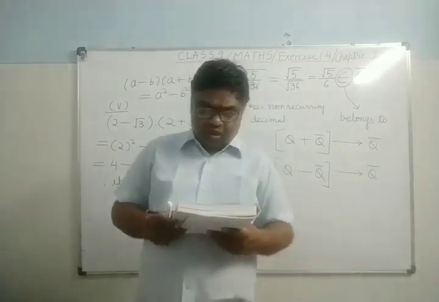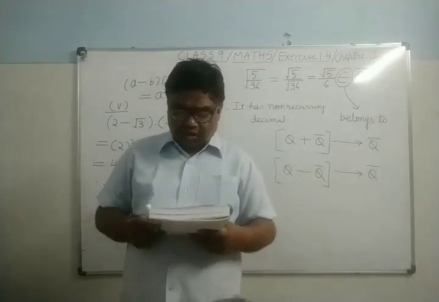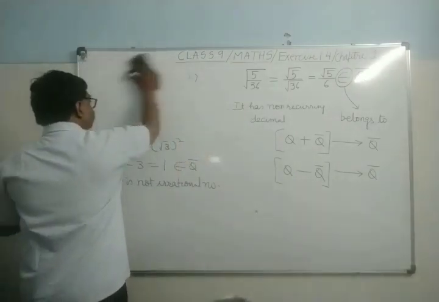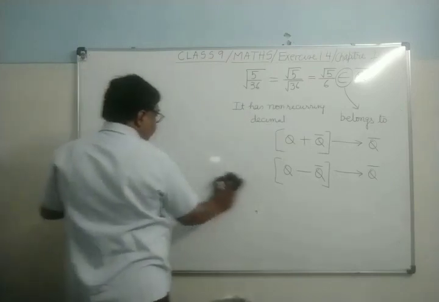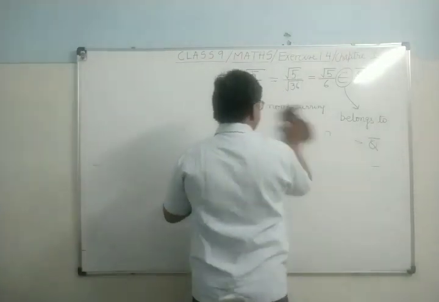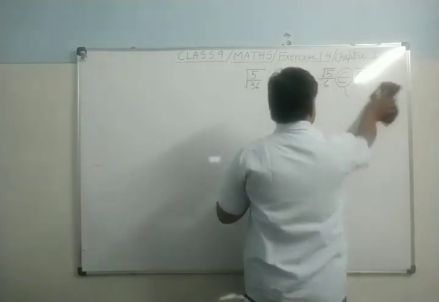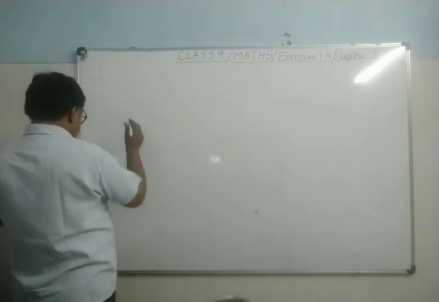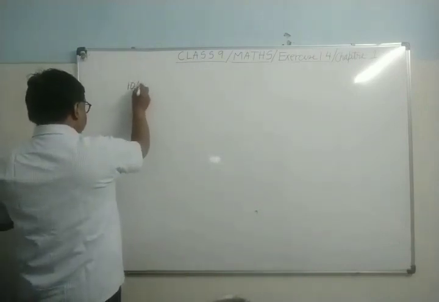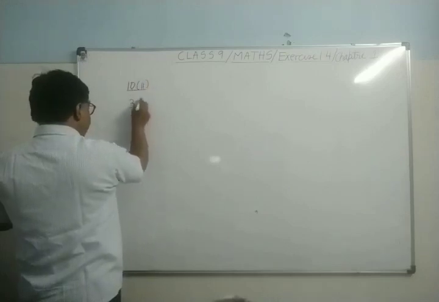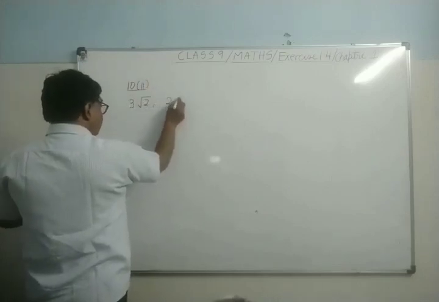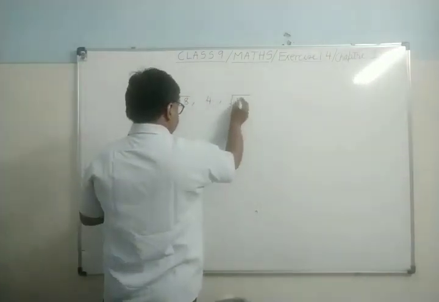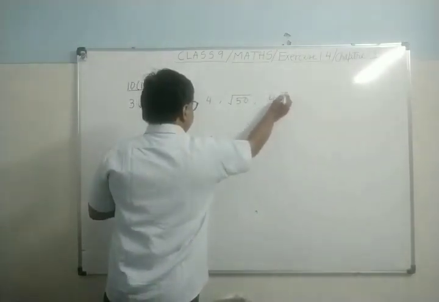So you see here. So I am doing here question number 10 second part. Here question number 10 second part, you have to arrange in ascending order 3 root 2, 2 root 8, 4 root 50 and 4 root 3.